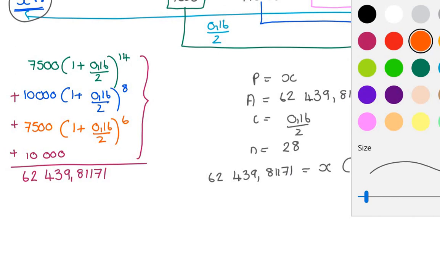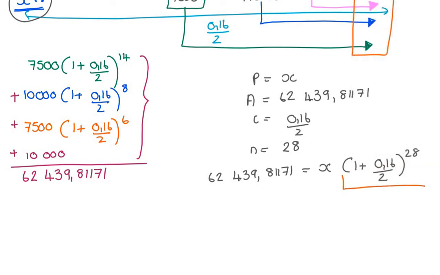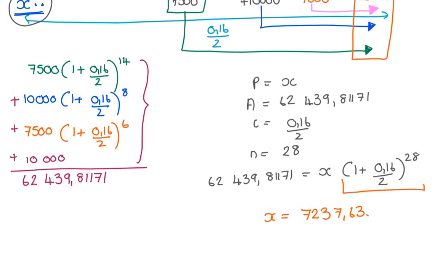So I'm going to work out this bracket and basically divide my 62,000 by it, because it's the coefficient of X. And I get the fact that he would need to have invested 7,237 Rand and 63 cents now. Now that's quite amazing. That's quite a small amount that's going to allow him to give his children such wonderful gifts.